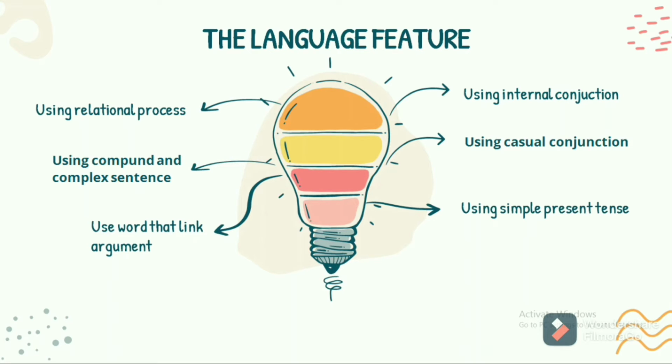Next, the fifth one is causal conjunction. Causal conjunction is used in explaining a reason and why. The examples are although, because, due to, so, consequently, in case, in order, and so on.